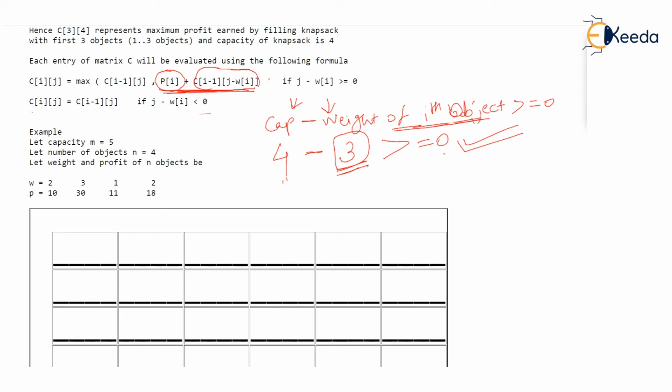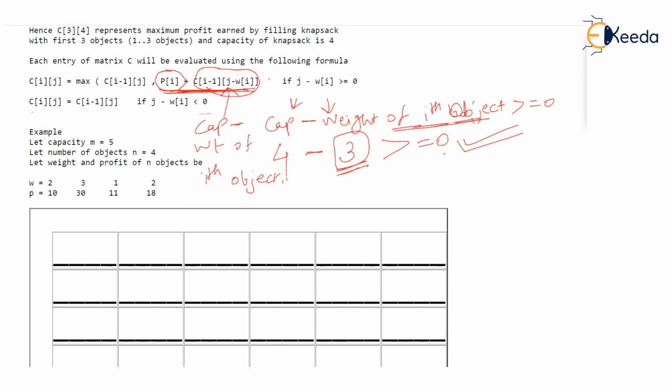Obviously you have added the ith object, so the initial capacity j minus the weight of the ith object is the remaining capacity. So you will then use i minus 1 objects, that is Ci minus 1, and remaining capacity, that is j minus wi. Add it to the profit due to the ith object.